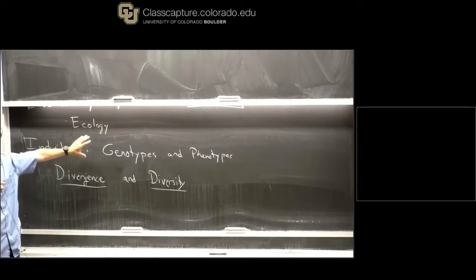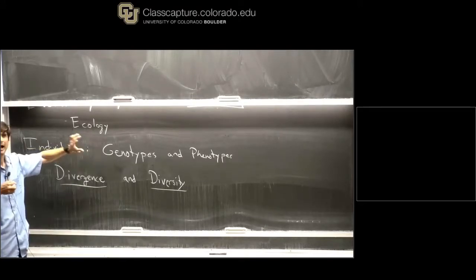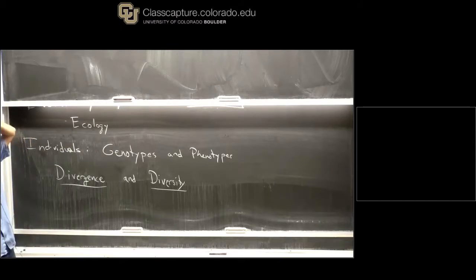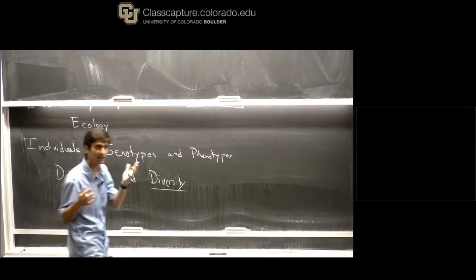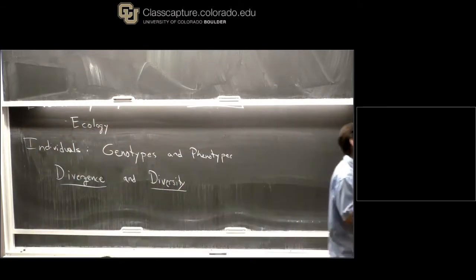So just to put a scale on this, does anybody have a sense of how many organisms have ever lived? What kind of numbers are we talking about here? Let's just say, how many cells have there ever been on this planet?